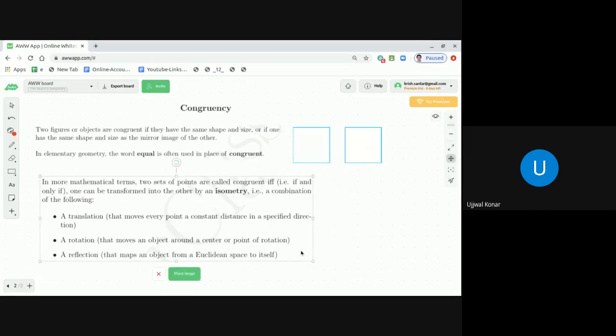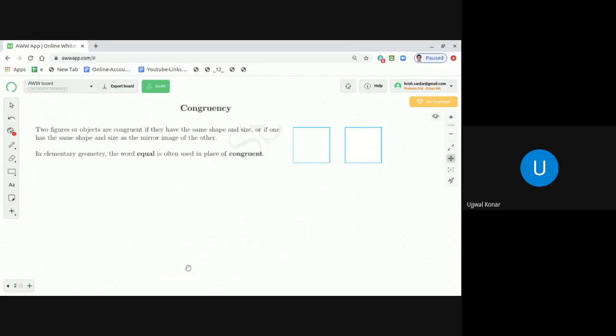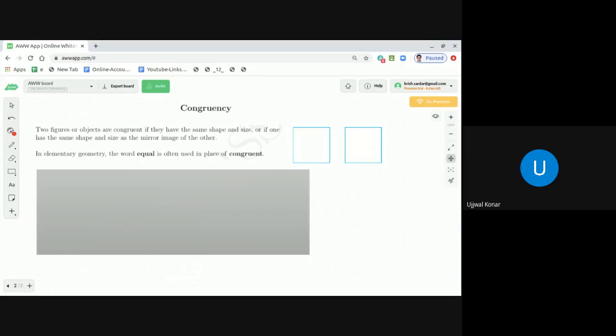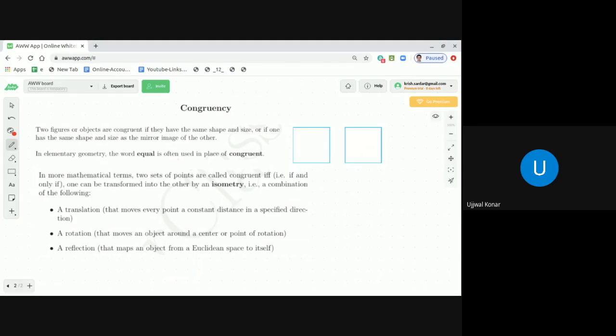Dear students, as I am saying, in more mathematical terms, two sets of points are called congruent if and only if one can be transformed into the other by an isometry. So what is isometry? Isometry is a combination of the following.